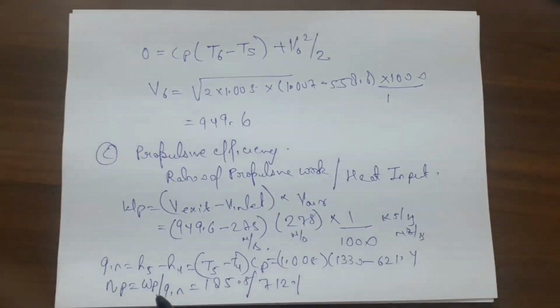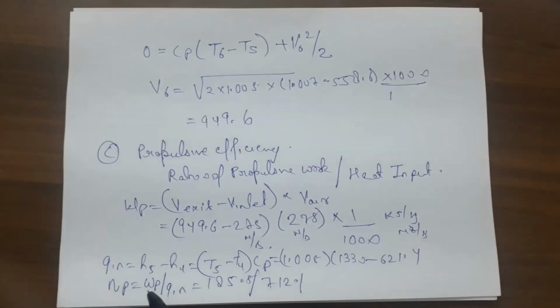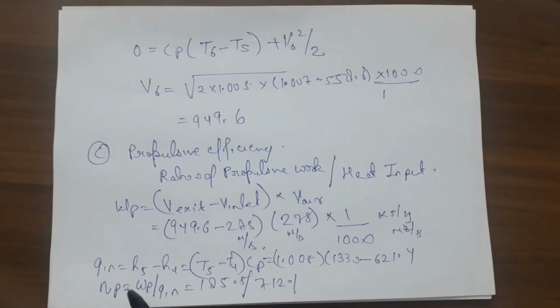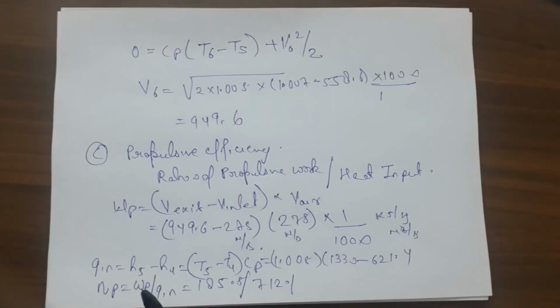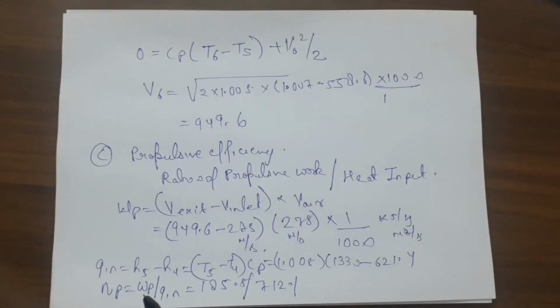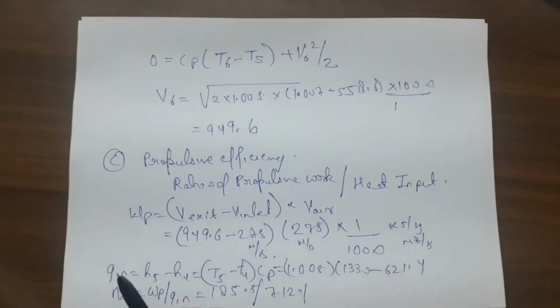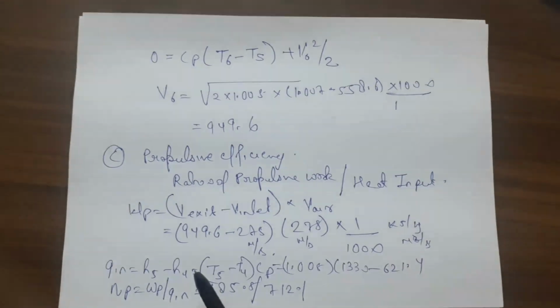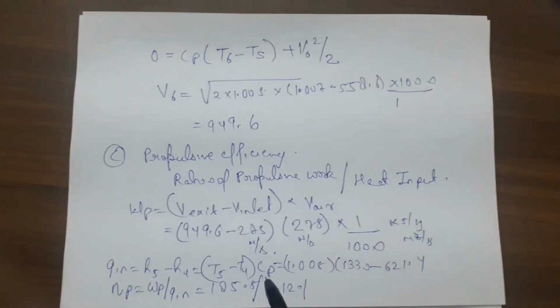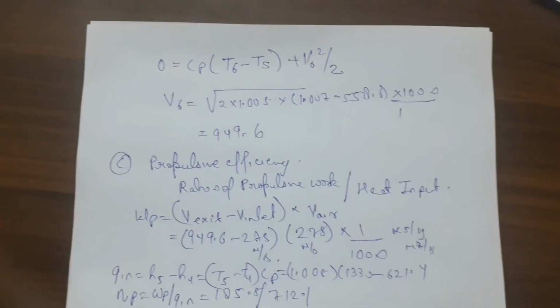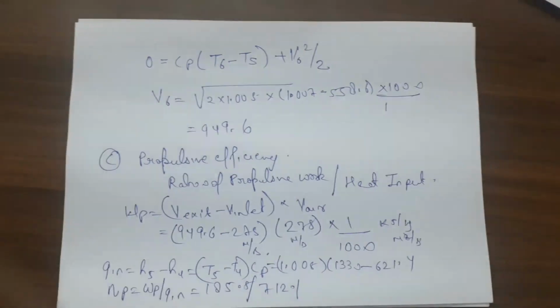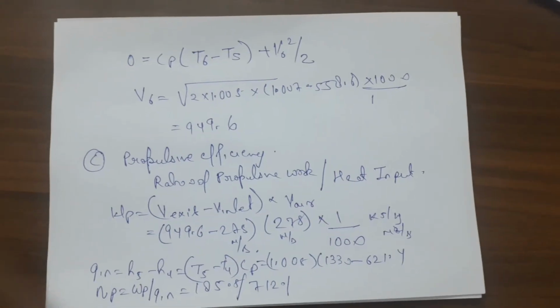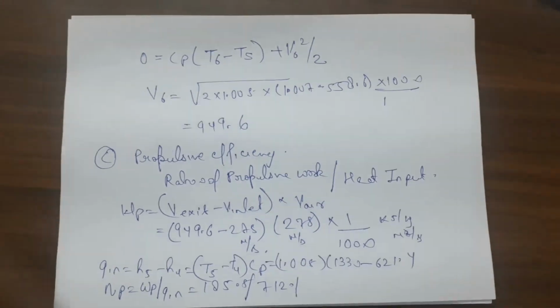And we found the propulsive efficiency, which is equal to the propulsive work upon the heat input. The heat input is equal to Cp into the change in temperature, T5 minus T4. Cp value we know, and T5 and T4 we found previously. We will put the values and get the propulsive efficiency which is required. Okay, thank you.